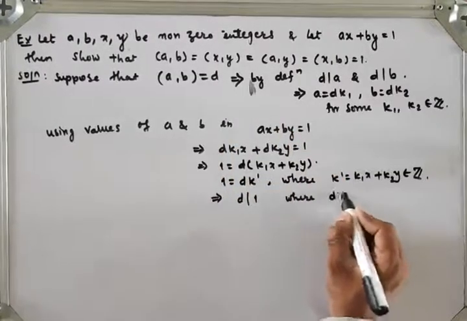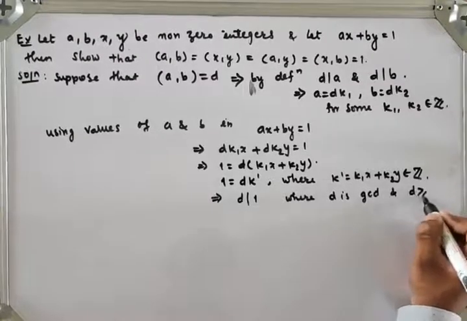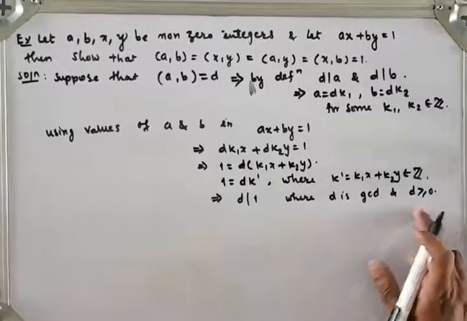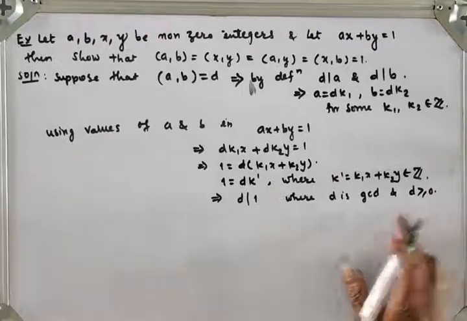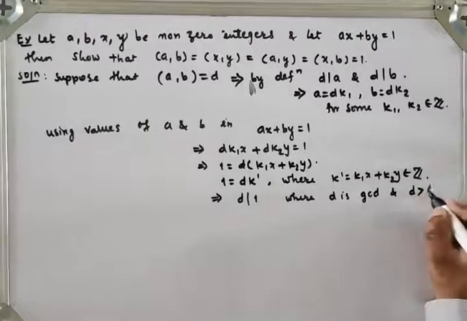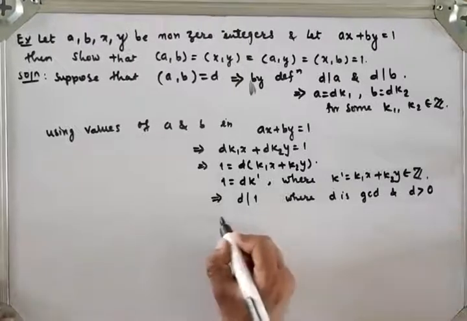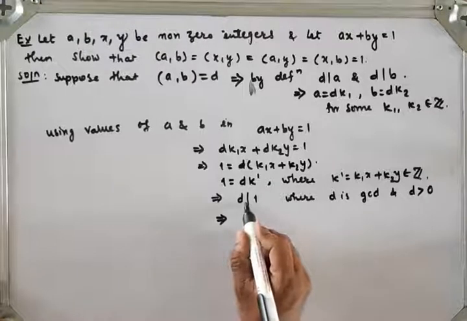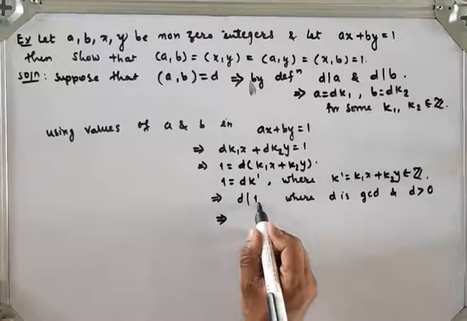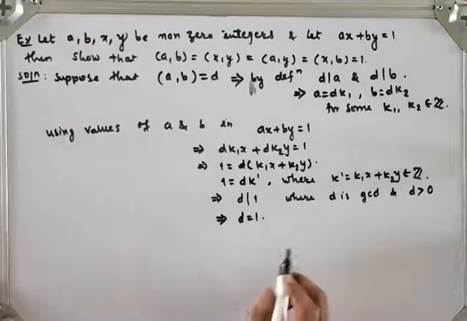where d is the GCD, and d is always strictly greater than 0, because GCD is always positive, so d is not equal to 0, right? So what is the possible value? That implies the value of d. The number which divides 1 is only 1, then d will be 1, right?